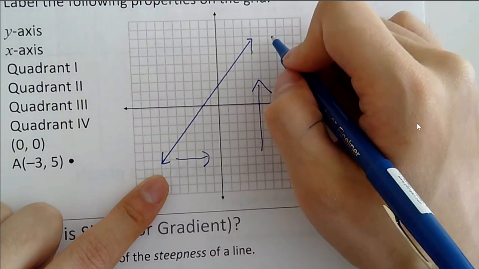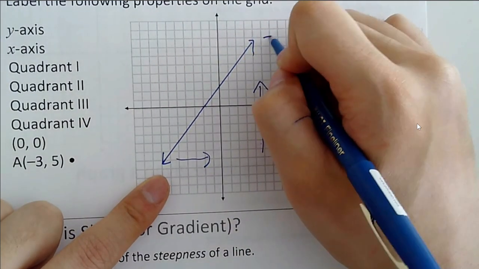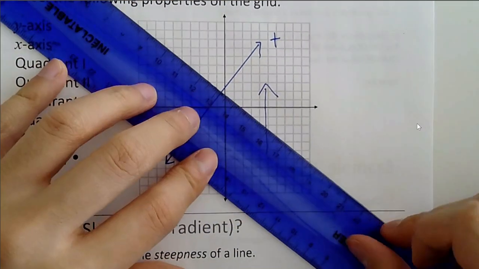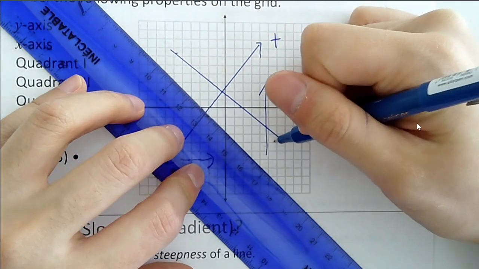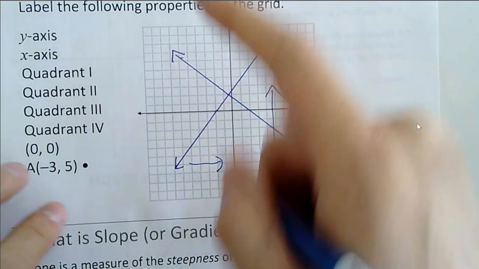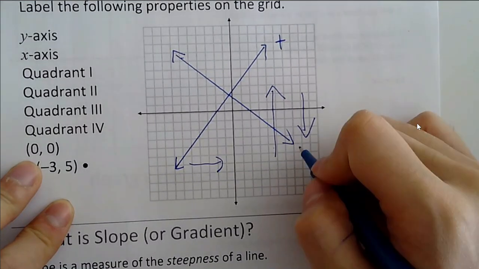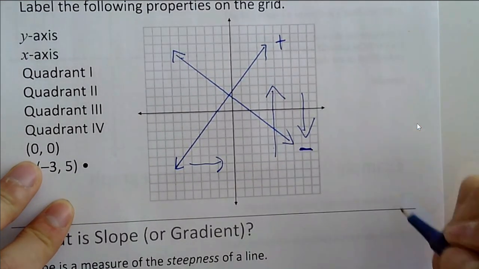Therefore, this line has a positive slope. And if I draw a line that goes this way, reading from left to right again, it is going down. Therefore, I know that this graph has a negative slope.